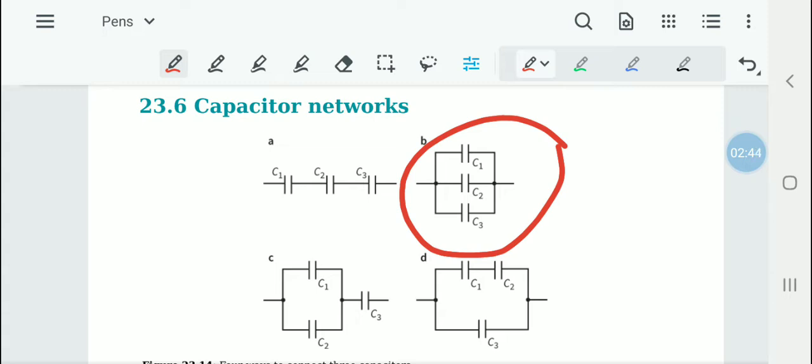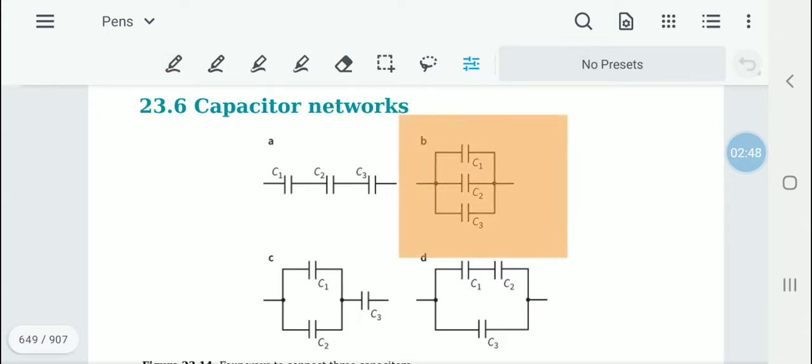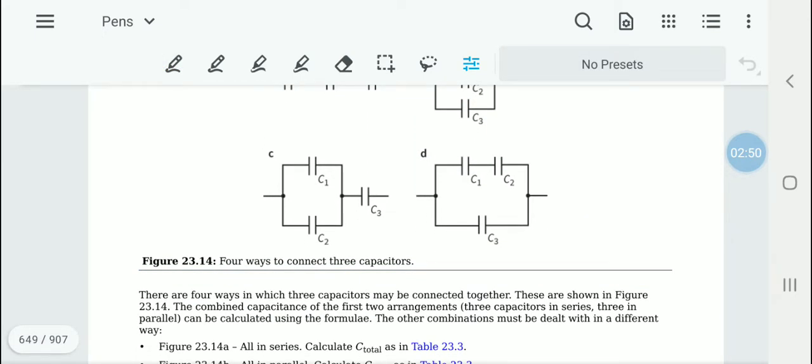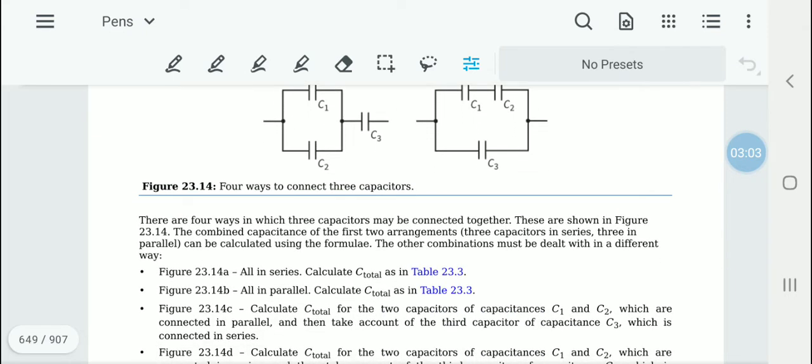Then in C, it is a little bit more complicated because we have 2 in series and the other one in parallel. Then you get a different formula. In the other one, there are 3, 2 are in series and another one in parallel. So these are different ways we have to obtain it.